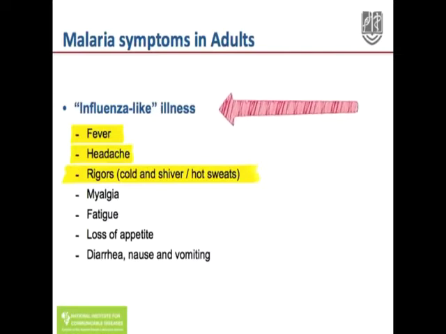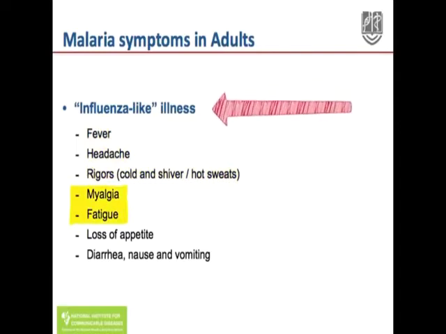In between the paroxysms, there may be a period of almost 48 hours during which the patient may feel relatively well, and there are no obvious signs and symptoms. However, as the malaria progresses, these periods may be reduced and the symptoms may be more continuous.